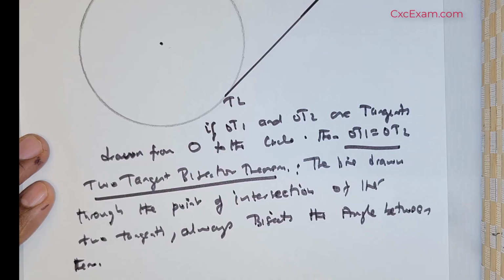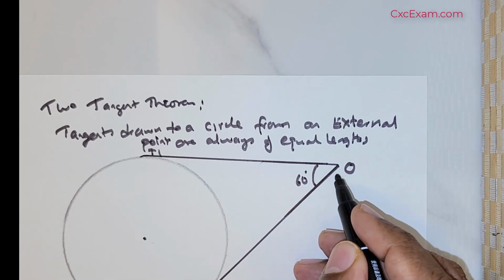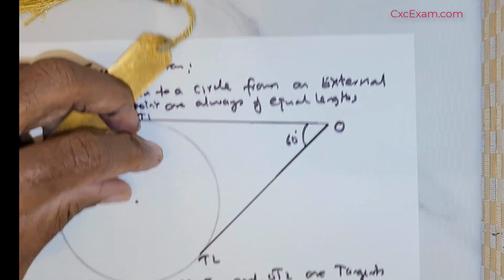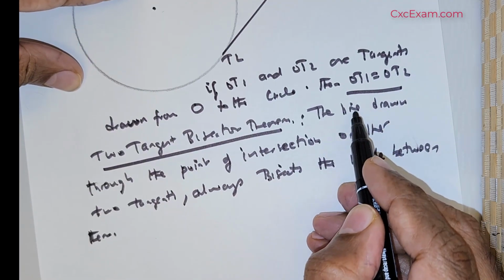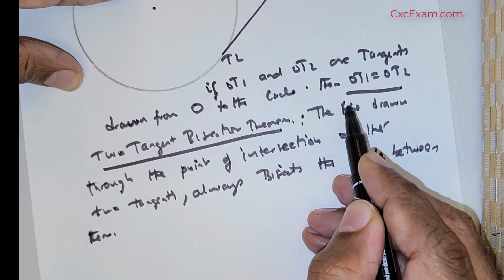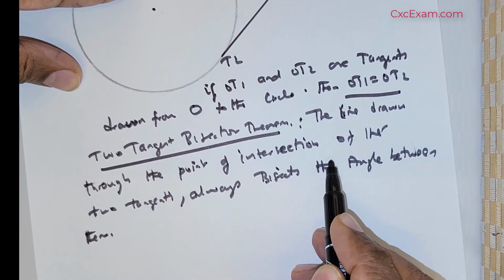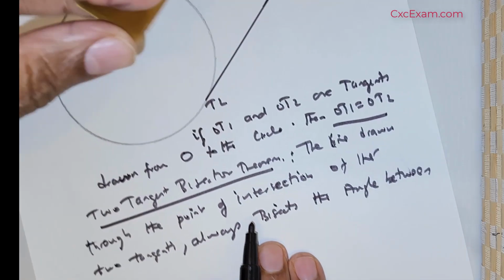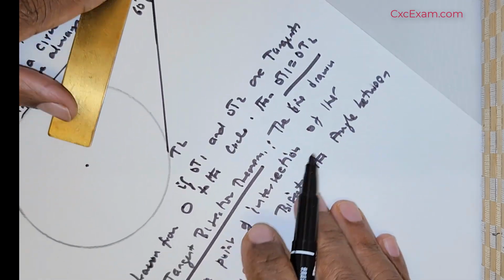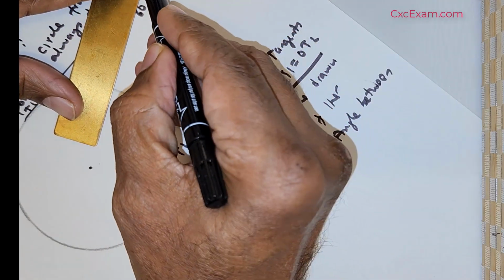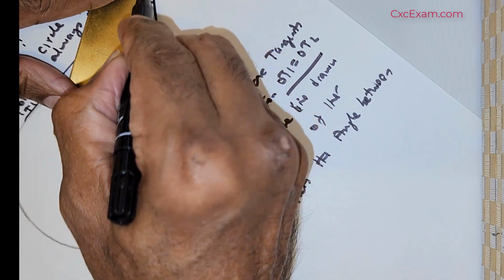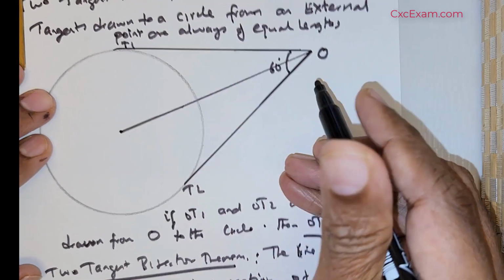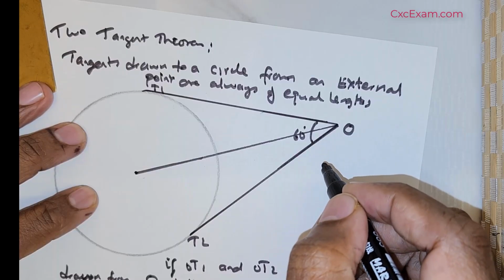So this angle is 60 degrees. So the line drawn through the point of intersection of the two tangents always bisects the angle between them. So if I were to draw a line, this will always bisect.